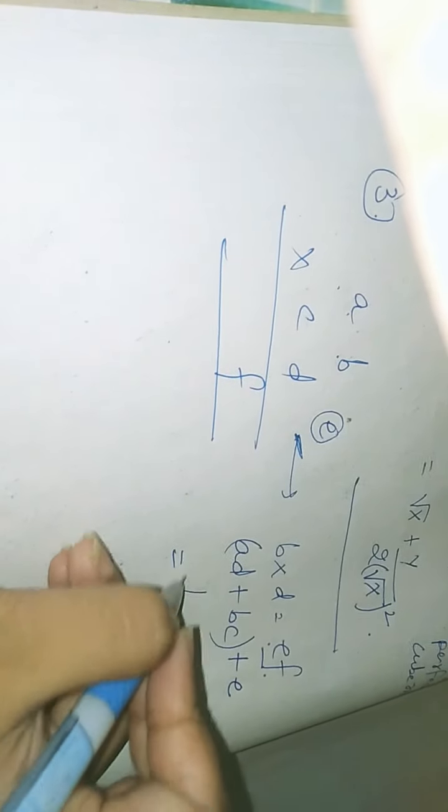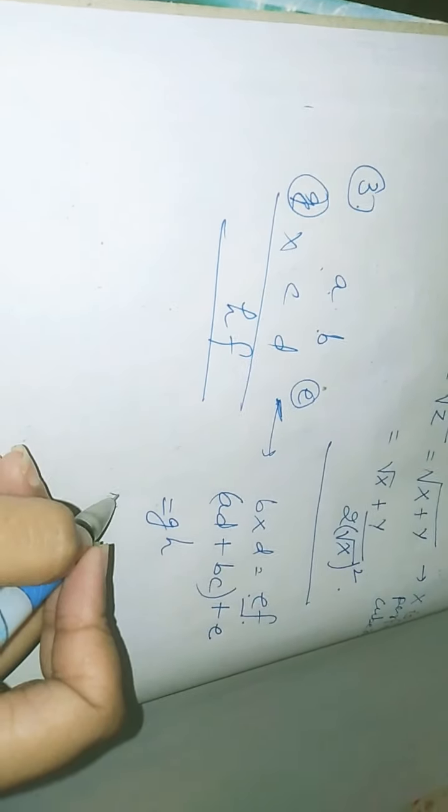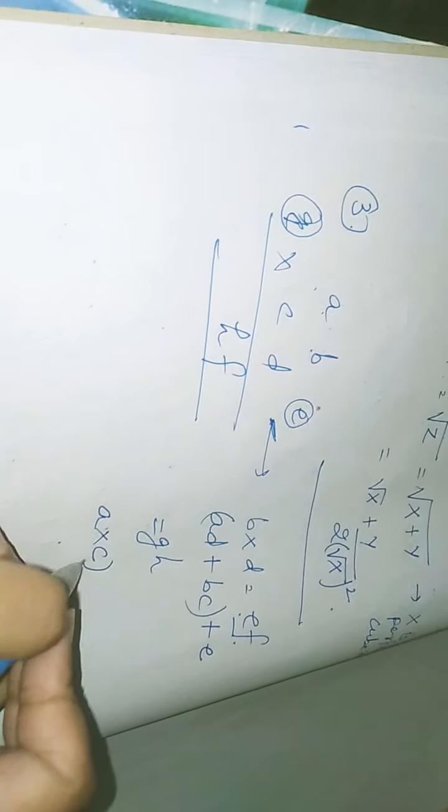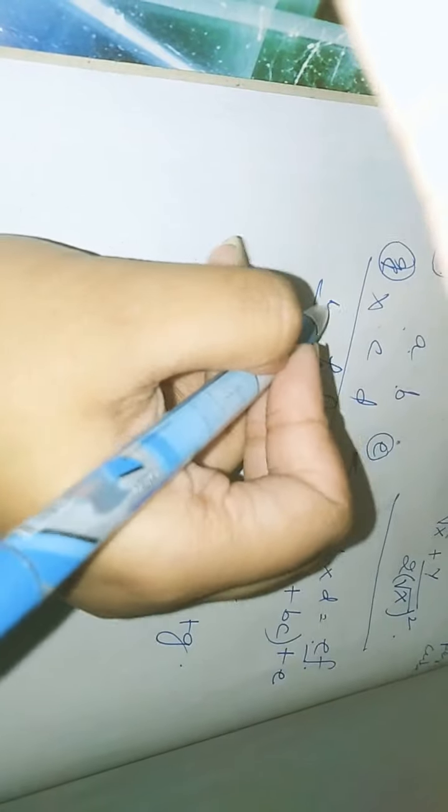If we get the form GH, we will only include H and then carry forward G. Then we will do A into C plus G. If we get IJ, it is my answer, IJ.